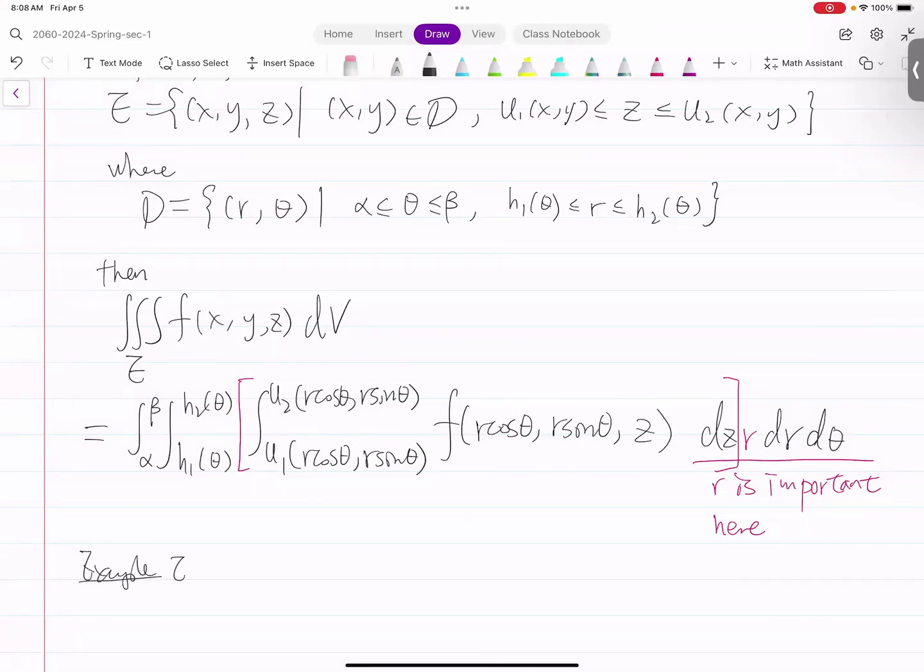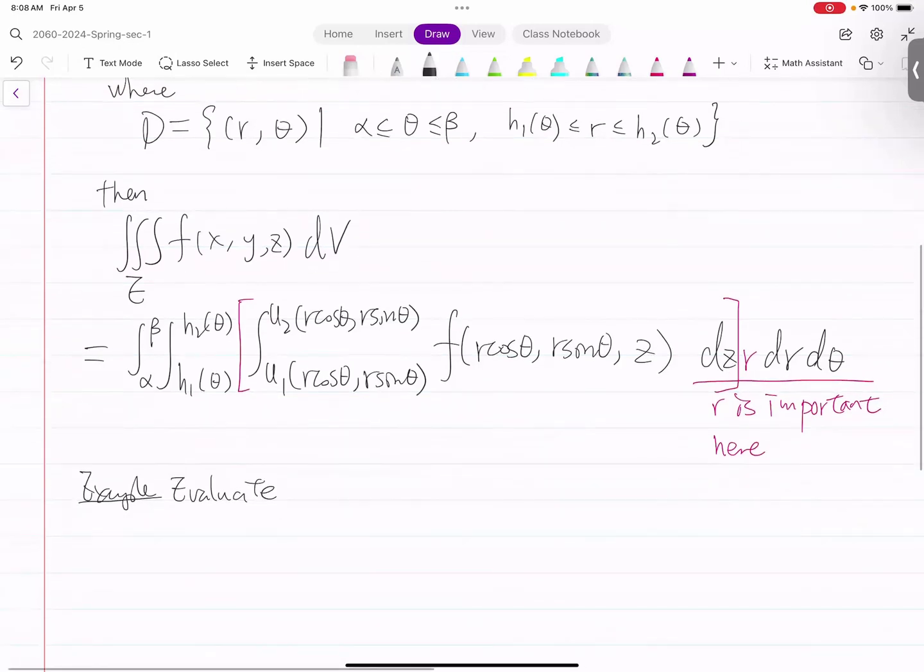So let's evaluate the triple integral. Let's say x goes from -2 to 2, and then y is going to be between the radicals, the negative and the positive of the square root of 4 minus x squared.